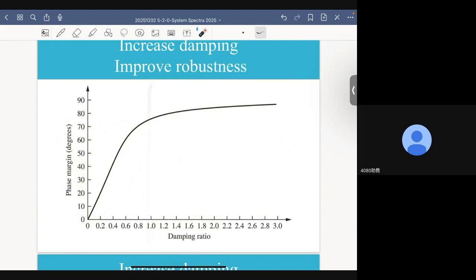But when the system becomes critically damped or even overdamped, that is when the damping ratio has a value larger than or equal to 1, increasing the damping ratio still improves phase margin, but the improvement is almost negligible, okay? It's relatively insignificant, all right? Now, so that's how we view this curve.